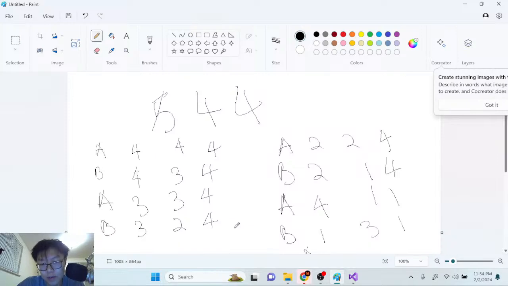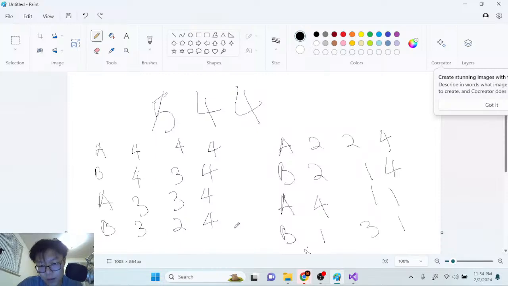Alice's turn, minus 1 becomes 0. Swap it with 3. Oh, no, swap it with 3. So we get 3, 1. Alice minus 1 becomes 0. Should we swap it with 1?